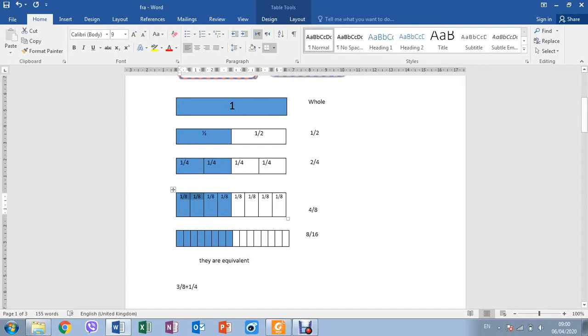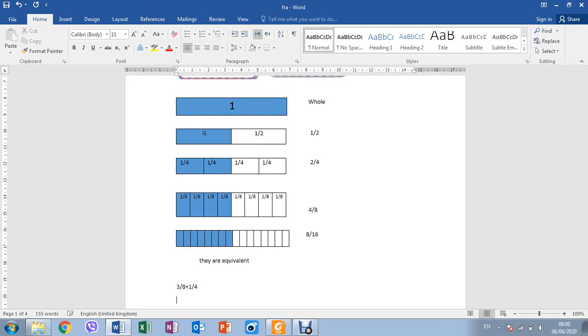When we line it, they are equal. So in the fraction bar, we know one-fourth equals 2/8.